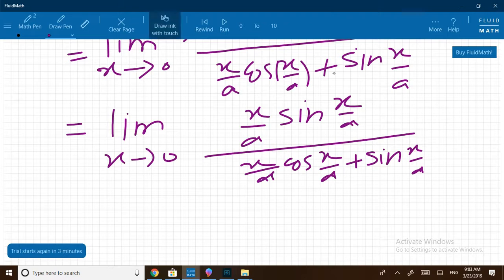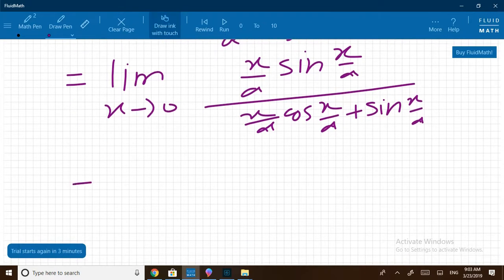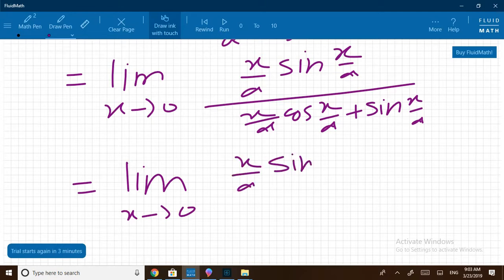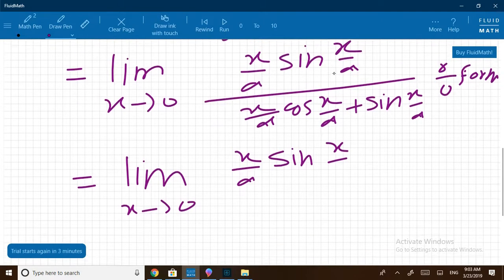This is equal to the limit as x approaches 0 of x by a sin of x by a, because it is again 0 divided by 0 form, so we will apply the L'Hopital rule.